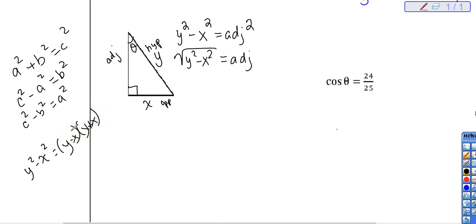It's not a perfect square statement. So that's as far as you can go. And so I'm going to label it in a color so we know that it wasn't an original part of the problem. The adjacent side in terms of x and y is the square root of y squared minus x squared. So be really careful when you're working on your homework tonight, not to introduce another variable.